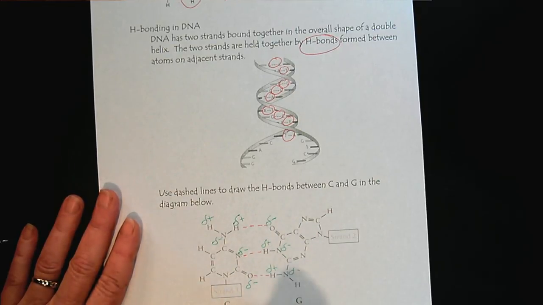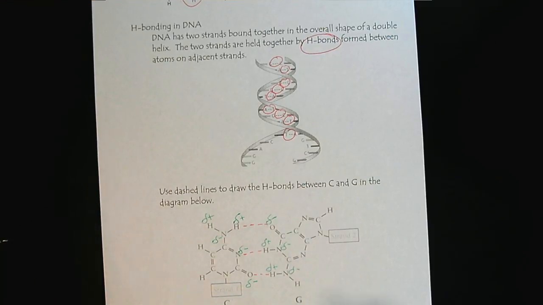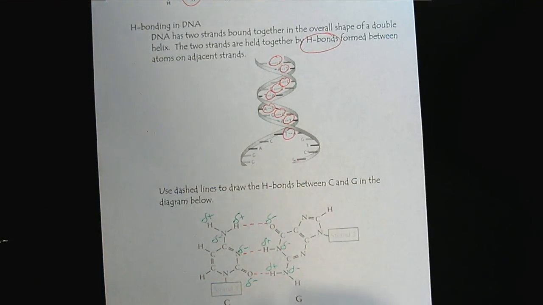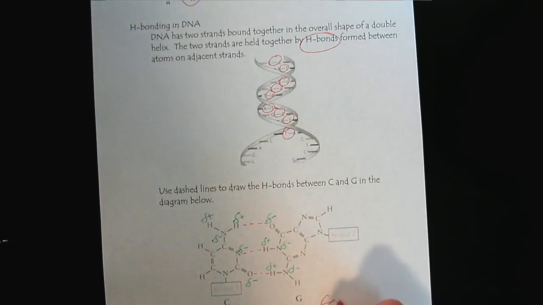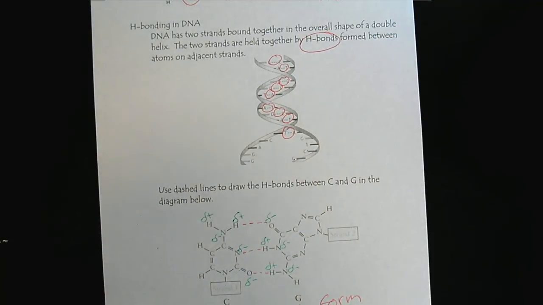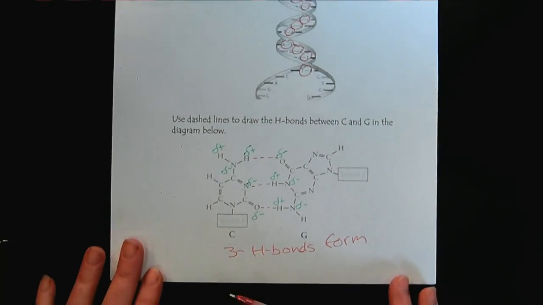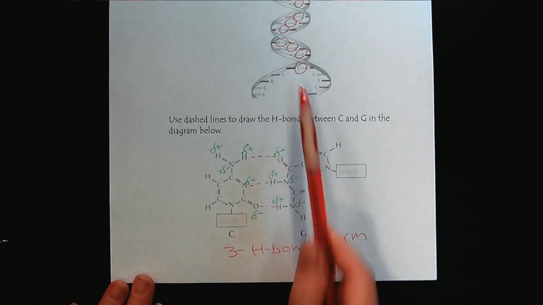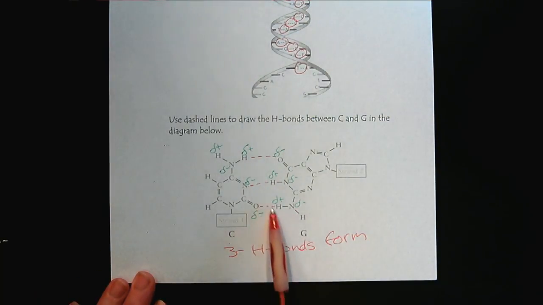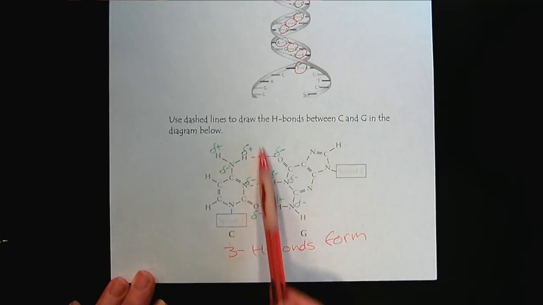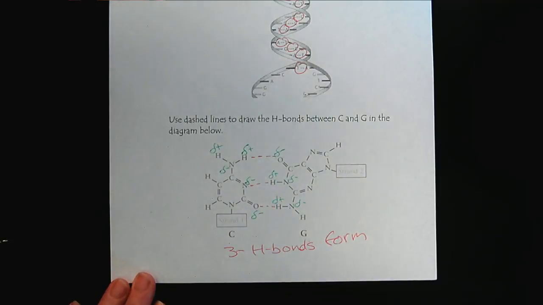So there are three H bonds that help to lock together our DNA strands. And so then it becomes like a zipper. So we can open and close our DNA by either breaking these hydrogen bonds or reforming them.